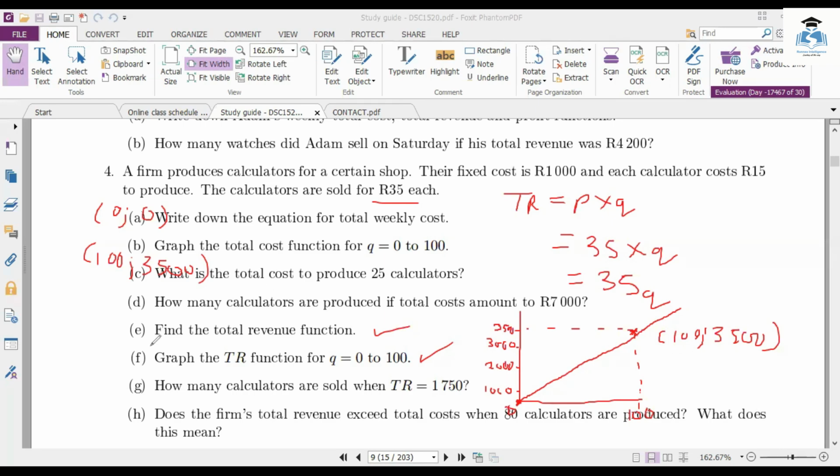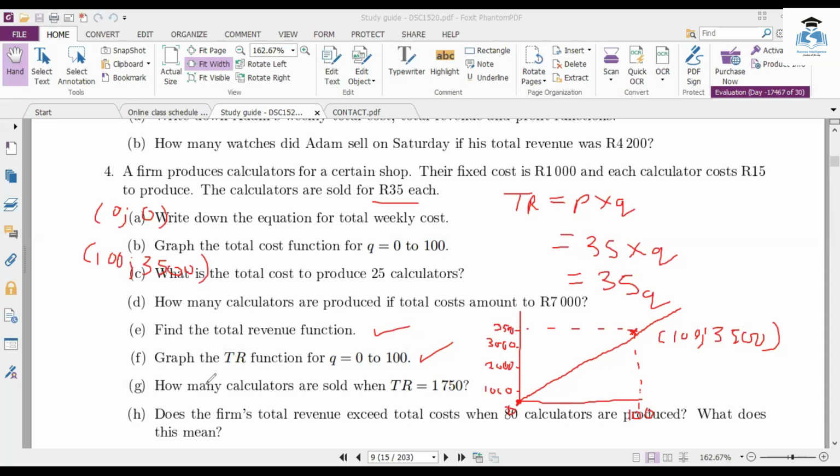Are you saying that we have to get the total revenue function first, and then use it to calculate the coordinates that you mentioned, 0, 0 and 100, and then use those to plot the graph? Yes.